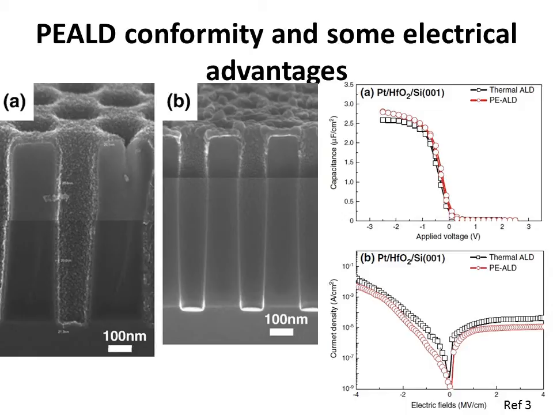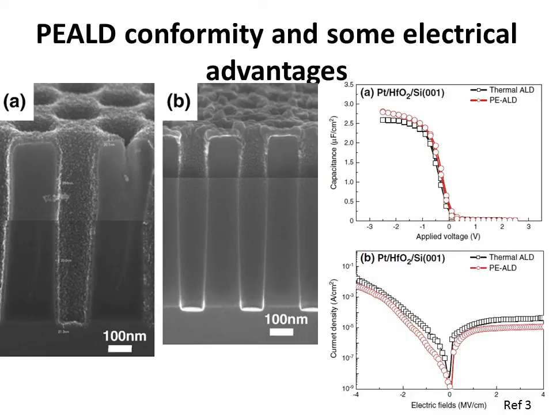One example may be found by looking at MOS capacitors with platinum electrodes. Measurements of capacitance, CV and IV were taken. They showed the accumulation of capacitance value for PEALD hafnium oxide is greater than for thermal ALD, resulting in the smaller capacitance equivalent thickness. That is 1.2 nanometers for PEALD and 1.3 nanometers for thermal ALD.